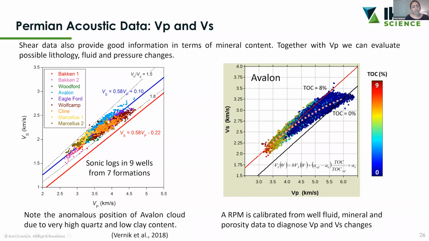So what's happening in this case is that the Avalon cloud or the Avalon data cluster is changing due to a high quartz and low clay content as well. So when we plot that data and we look at the VP-VS for that, and we look at an Avalon example, having a model in place can help you understand such variations, such as what you would expect from a rock that is non-kerogen rich versus the actual organic shale.